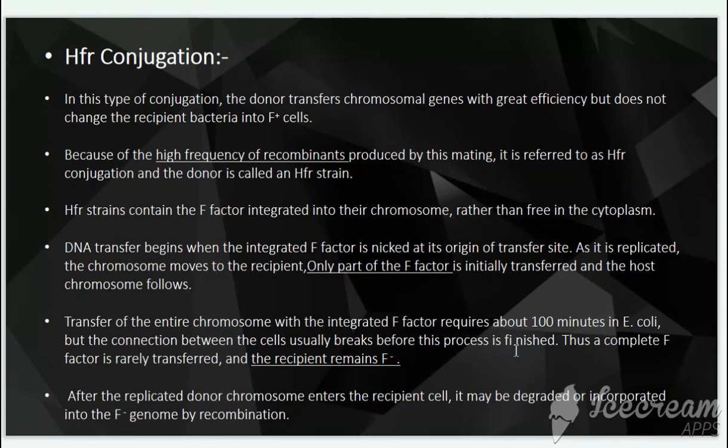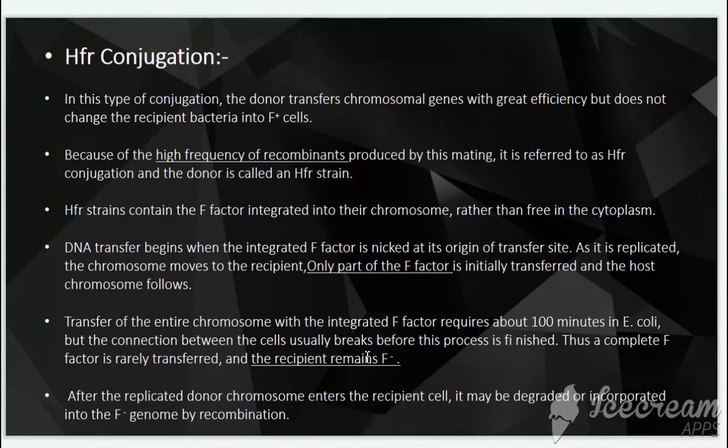As I say in the diagram, they do not get the chance of transferring the whole genetic material, right? Because it is too large for it. So it breaks the connection in between. Thus, a complete F factor is rarely transferred, and that's why the recipient cell remains F minus.